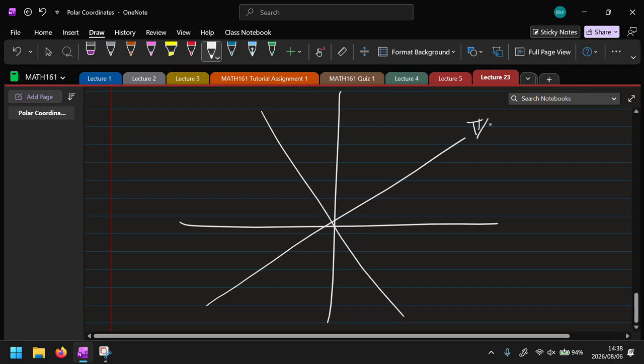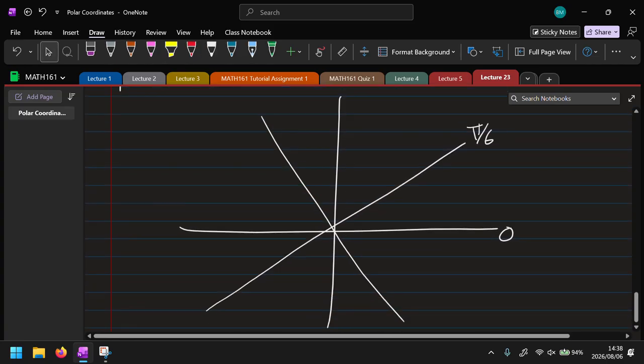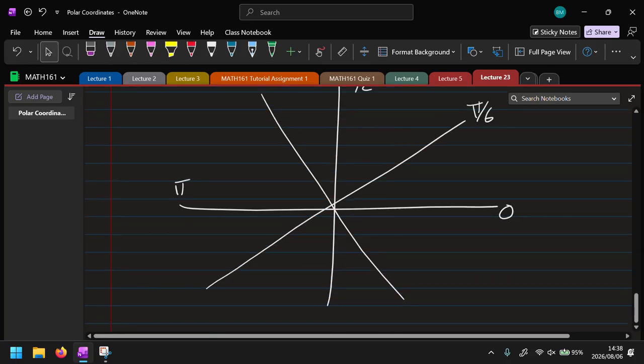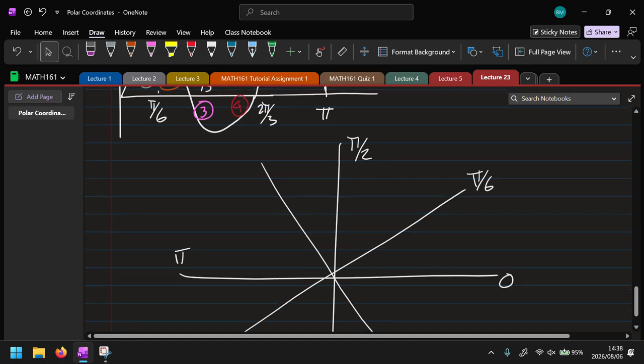But this angle now is pi over 6, not pi over 4. So you need to be careful how you draw these lines. Okay, it doesn't need to be exact, right? But as long as you keep track of where you are, it should be fine. Okay, and then we're stopping there at pi.